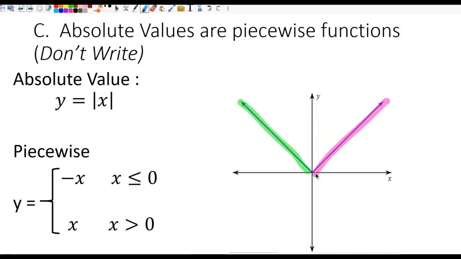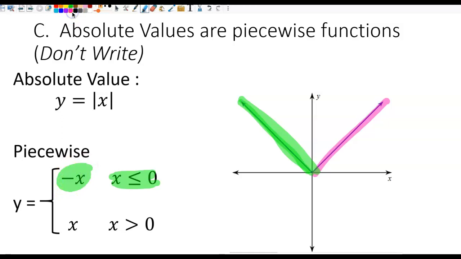Okay? So for anything to the left of 0, over here, we have a linear function with a negative slope.